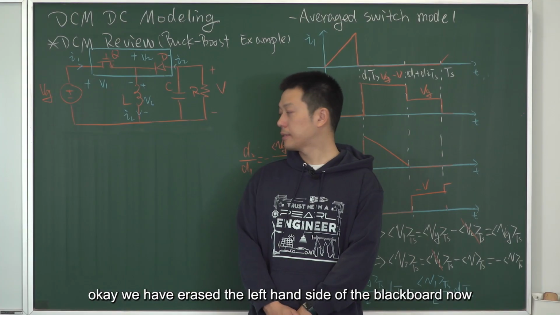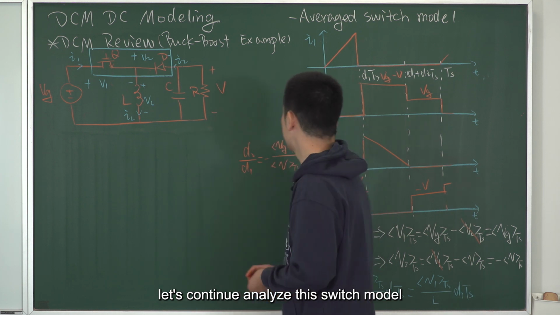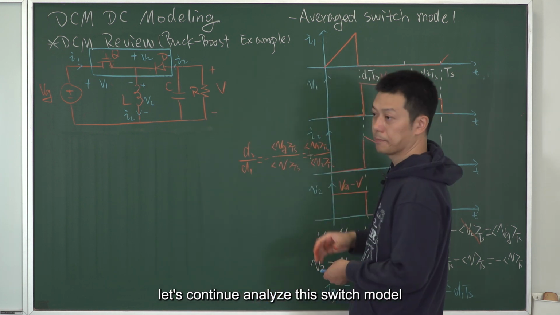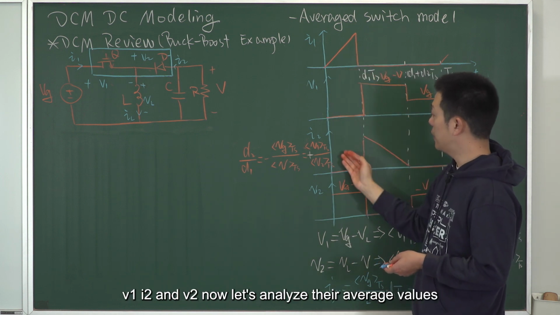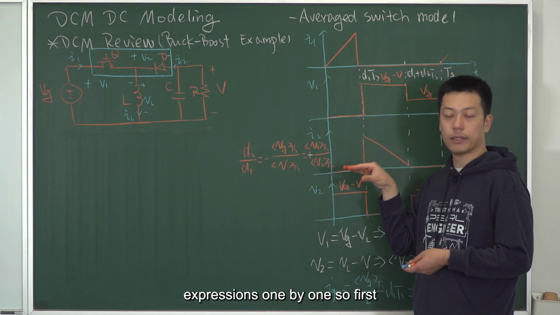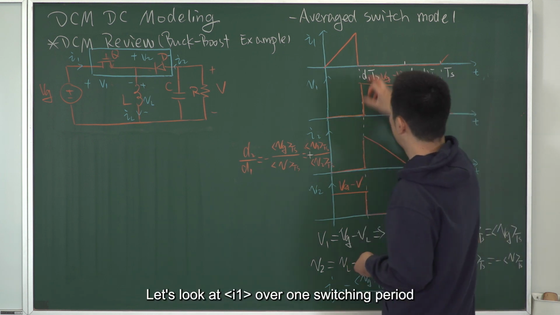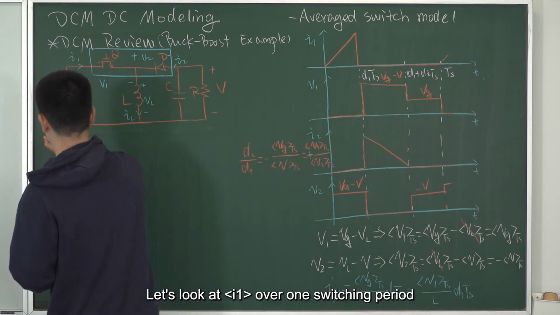Okay, we have erased the left-hand side of the blackboard. Now let's continue to analyze this switch model. We have plotted the waveforms of I1, V1, I2, and V2. Now let's analyze their average value expressions one by one. So first, let's look at the average of I1 over one switching period.